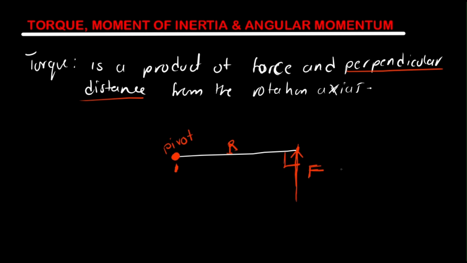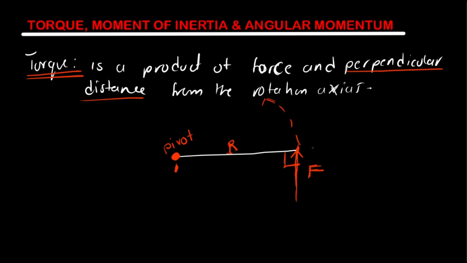And this product is what we call a torque, or an effect that makes these two things rotate or move. So I can say torque is more like a rotation at a fixed point. That is what we call torque.